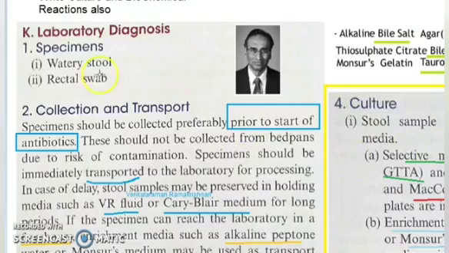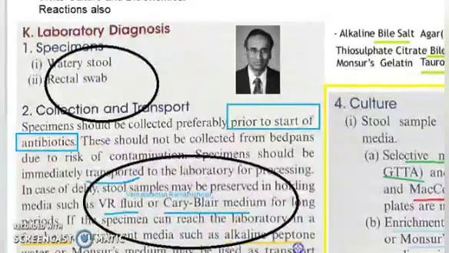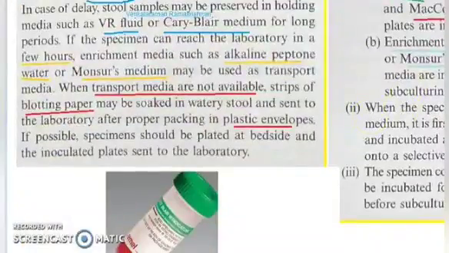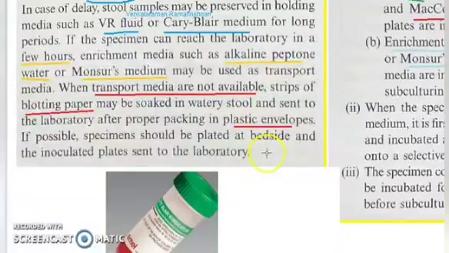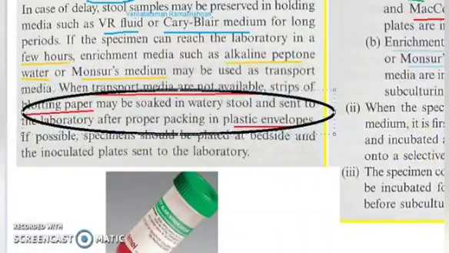Stool is the specimen, and Venkatraman Ramakrishnan and Cary Blair media are the transport media. If it is for a few hours, you can use alkaline peptone water or Monsur's media. If transport media is not available, use blotting paper.